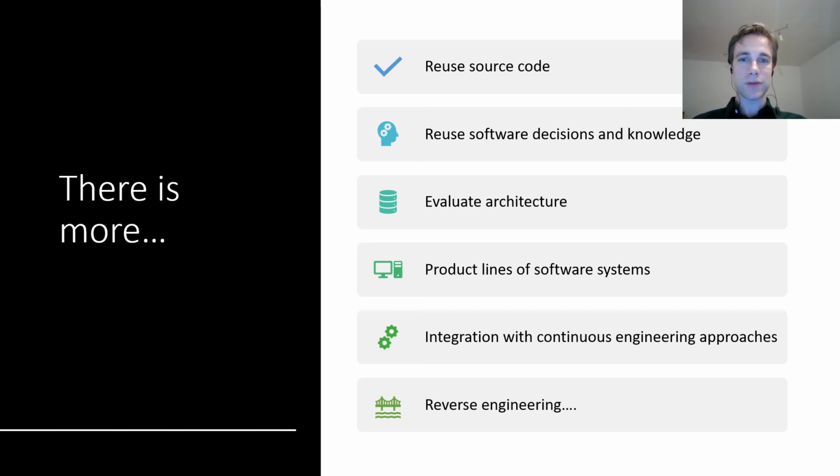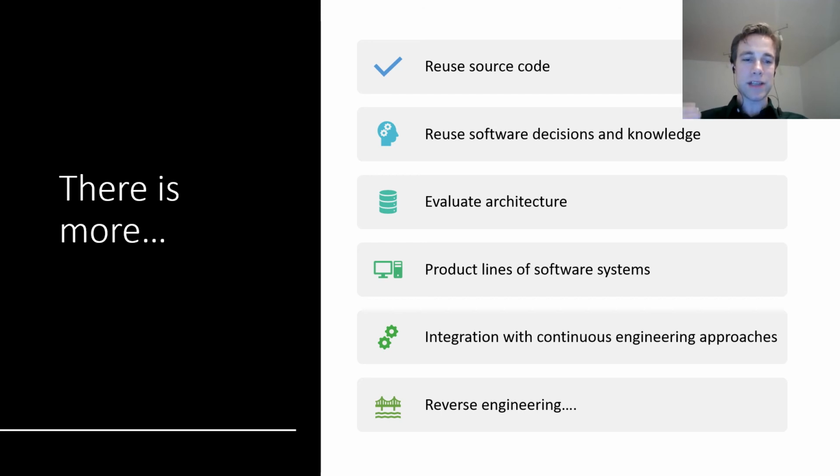Besides source code, which can be reused in certain contexts, it's also very valuable to reuse architectural knowledge, because architects and developers spend a lot of time discussing the best way to design and implement their software. So if there are certain sets of design decisions gathered into patterns of design, how to actually reuse this.